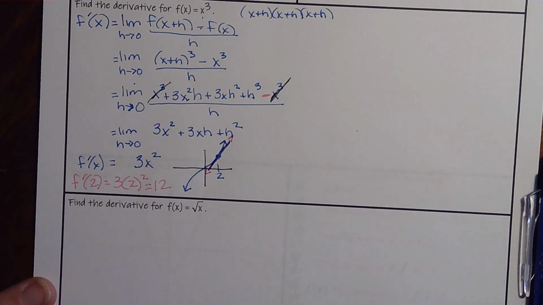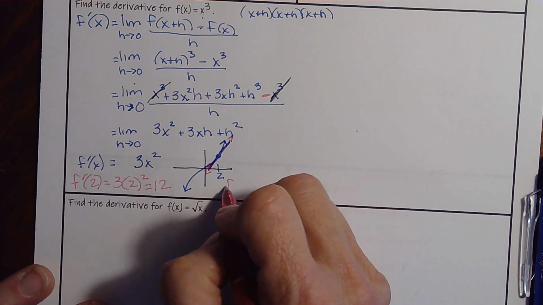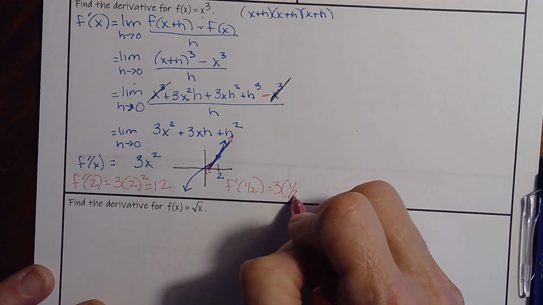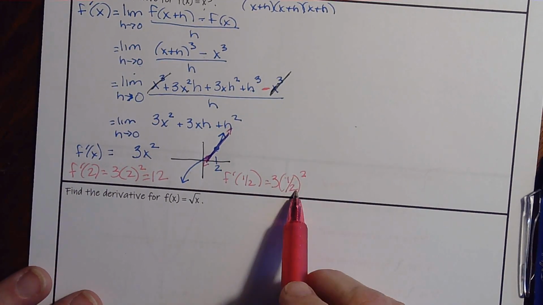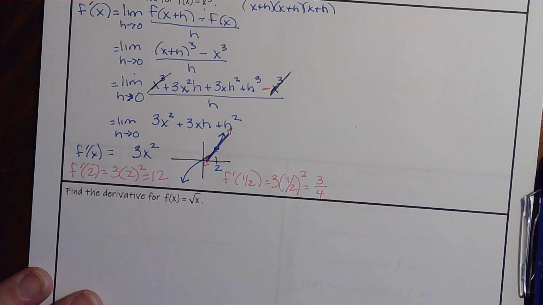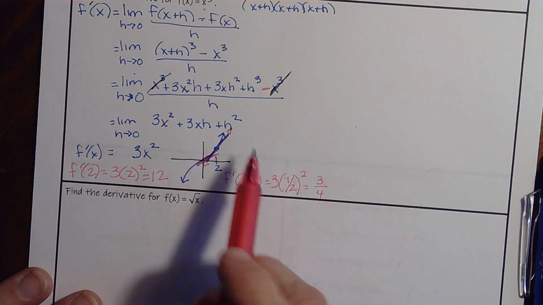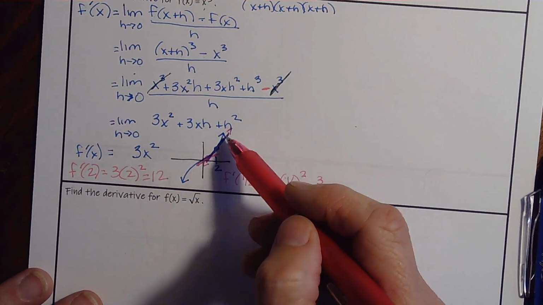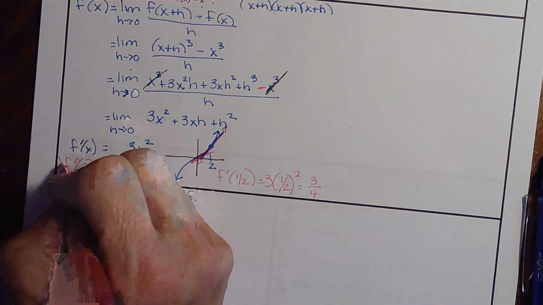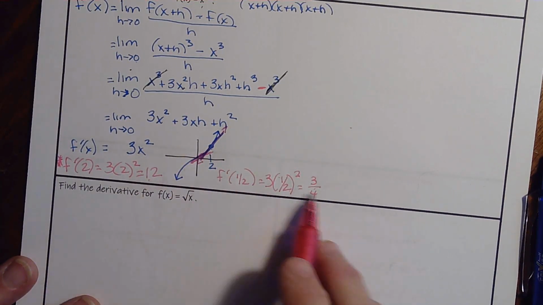So let's say I wanted to find the slope of a tangent line at x equals 1/2. So what about f prime of 1/2? That would be 3 times 1/2 squared. 1/2 squared is 1/4 multiplied by 3, and you get 3/4, which if you picture the tangent line at that point, you'll notice that it is flatter than the tangent line at 2, and so this does make sense that this number would be greater than this one.